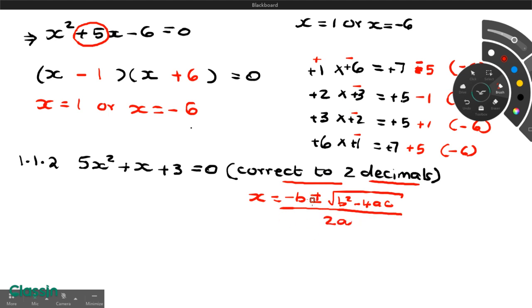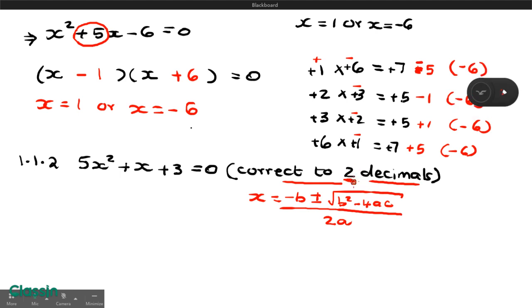So in this case, they are forcing you to use this quadratic formula on question 1.1.2. You use this by force because factorization can never give you values in decimals. But you must always correct the last value. The final answer must be corrected to 2 decimals.